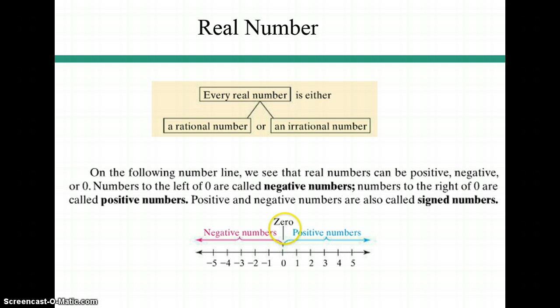Numbers left to zero are called negative numbers. Numbers right to zero are called positive numbers. Positive numbers and negative numbers are also called sign numbers.